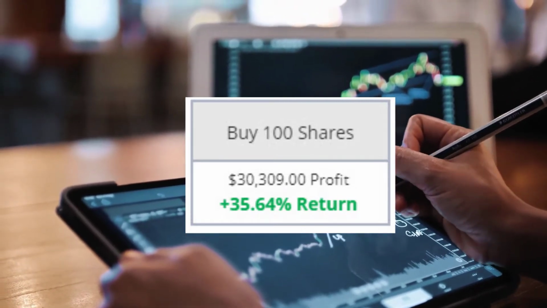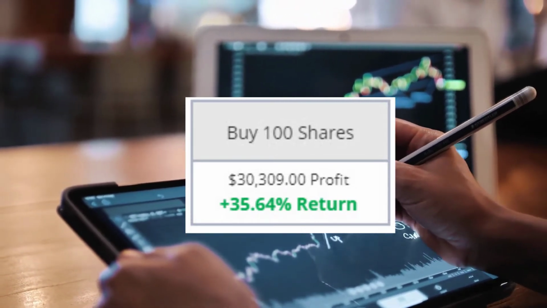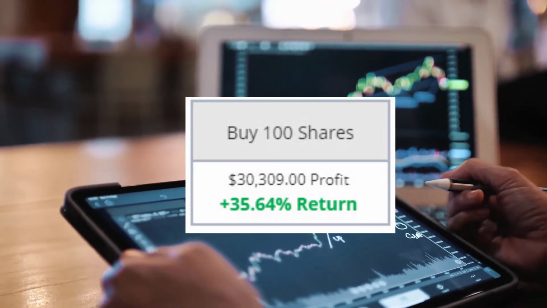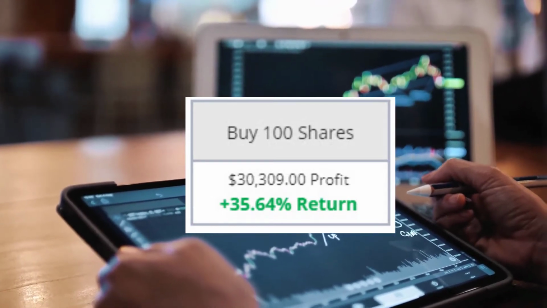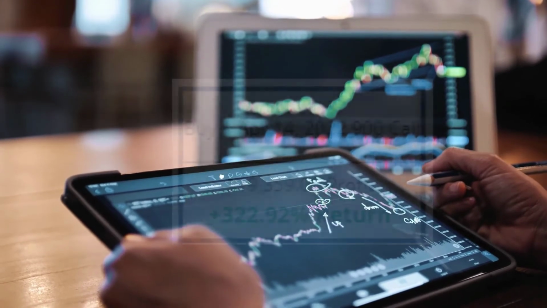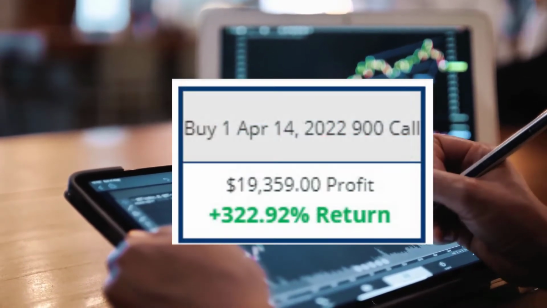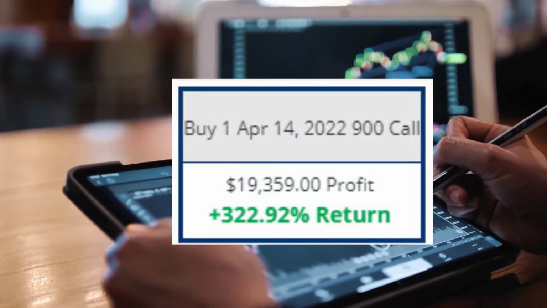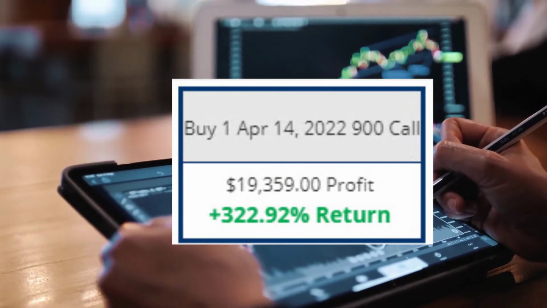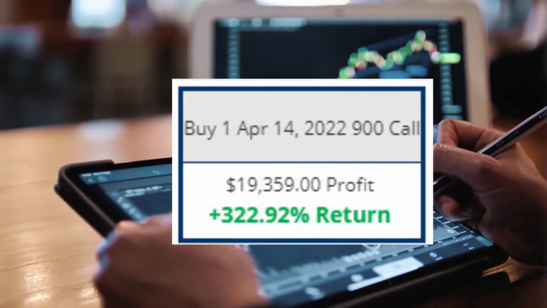Well, remember it cost us $59.95 to get into that trade for the one options contract. That price then would have moved to $193.59. Don't forget that multiplier of 100.